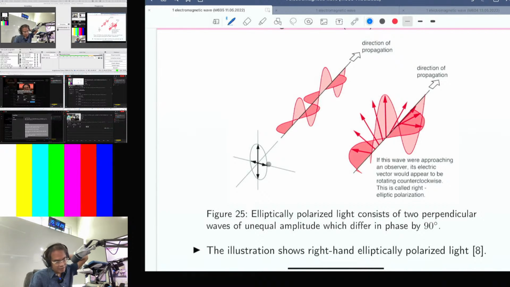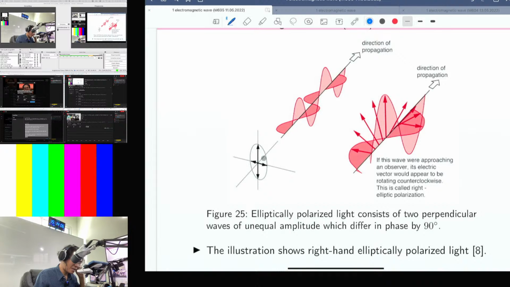And the second component of the electric field is still there, but it's vertical, parallel to the vertical plane. Unfortunately, the height of this mountain, or the magnitude of the second component of the electric field, is greater than the first component. So that's why we have the length here greater than the length between left and right.